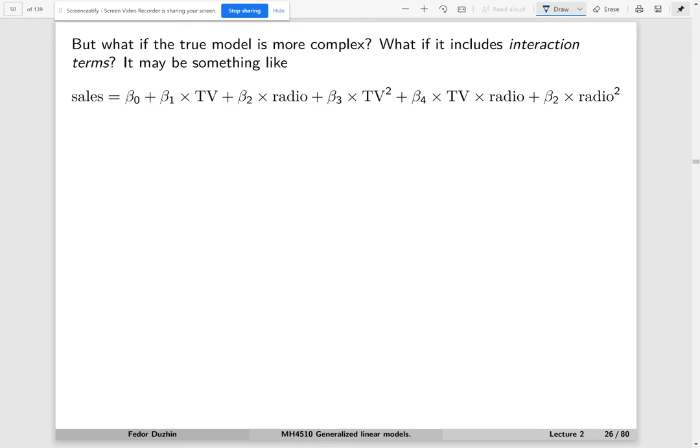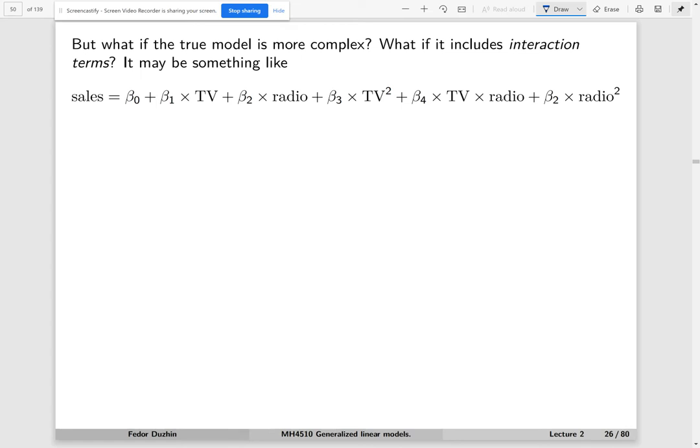And of course, our sales cannot be more than our market value. So it doesn't make sense. It's impossible to pay too much for ads and just always get everything in return. So maybe we can try something more complex, something like a quadratic model.